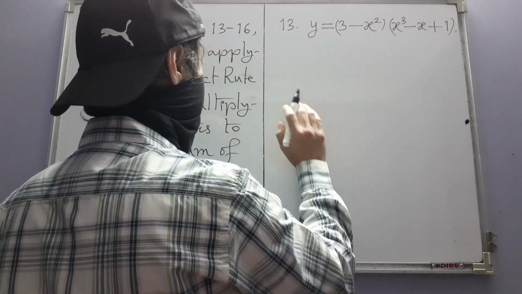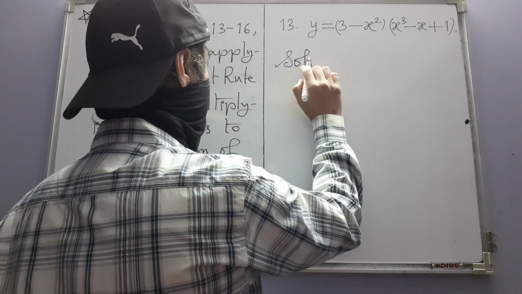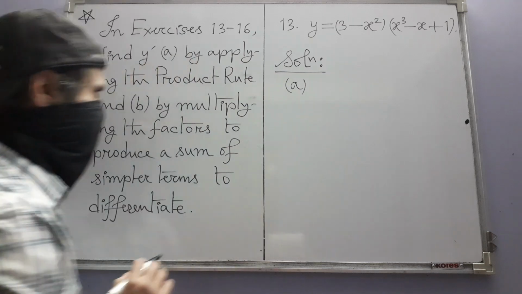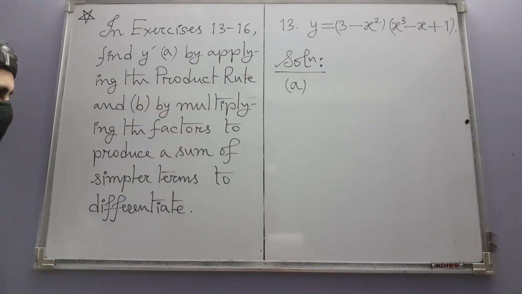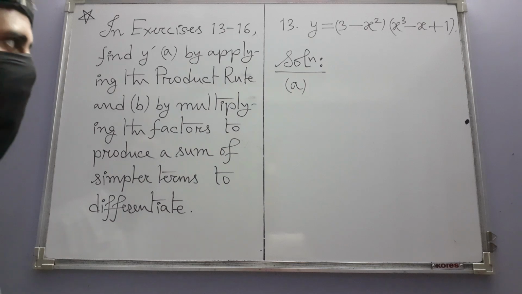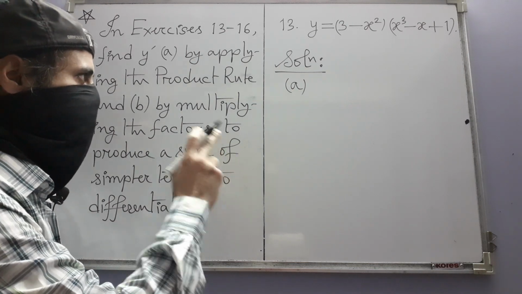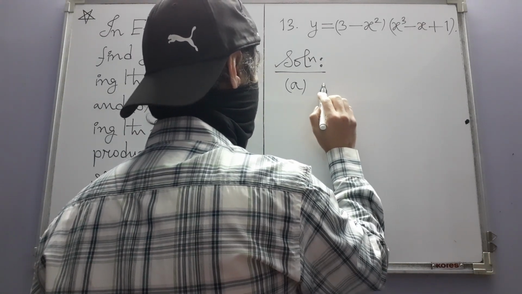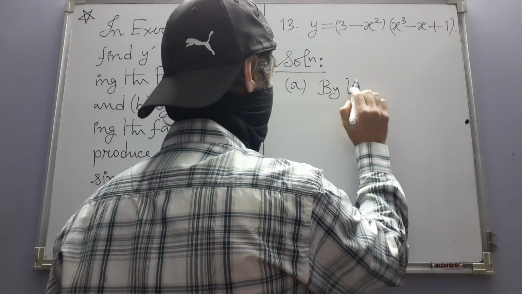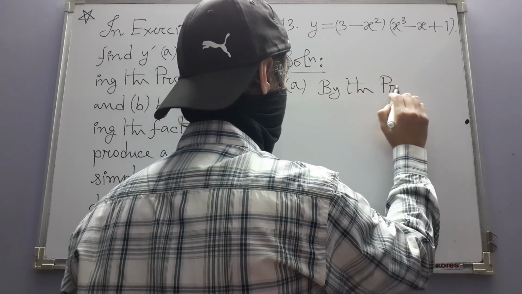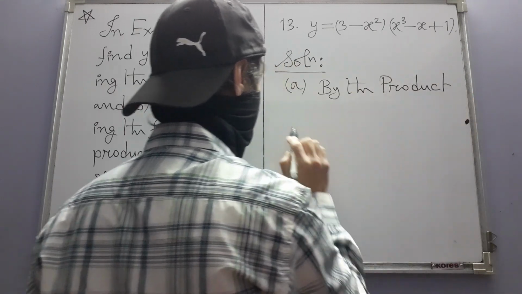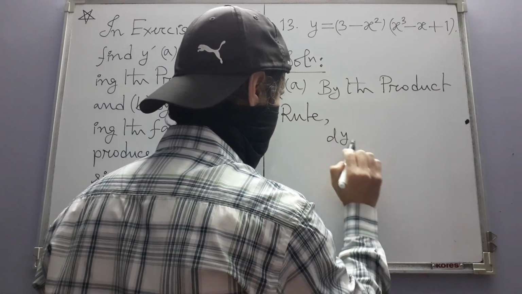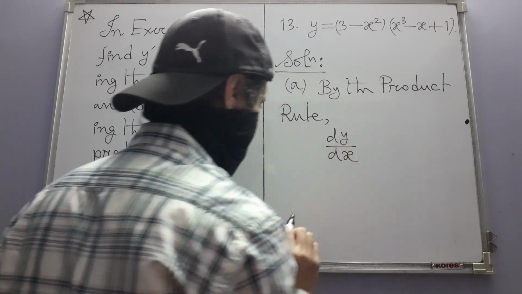So the first one is this, the 13th one. Because they have given names to these two ways of differentiating, we also are going to write A and B. In part A, we have to use the product rule for differentiation. So we write like this: by the product rule, dy dx.